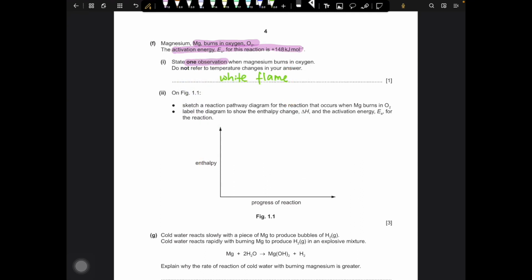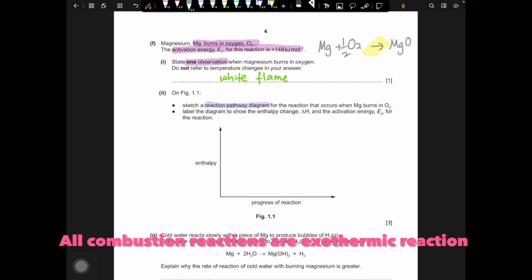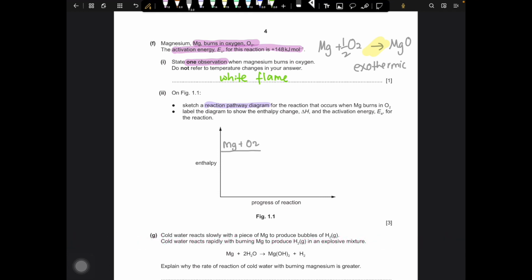The next question asks for a reaction pathway diagram. Let's look at this reaction. This is a reaction of magnesium burned in oxygen to form magnesium oxide. For any combustion reaction, obviously this is an exothermic reaction. For any exothermic reaction, the reactant will have a higher energy compared to the product.